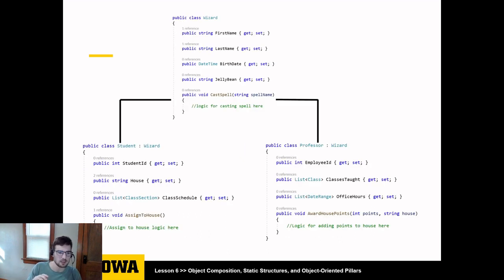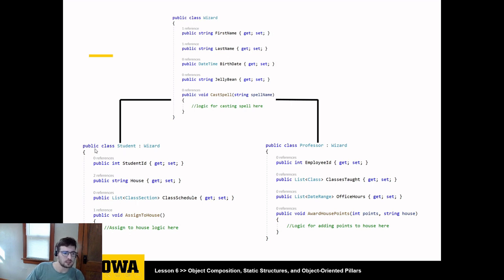Okay, so now we say that in C#, right? And we still have our hierarchy, except we have this public class wizard. Okay, public class wizard. It has those four properties, and additionally, there's a method for casting a spell. Okay, and a student class inherits from the wizard class.